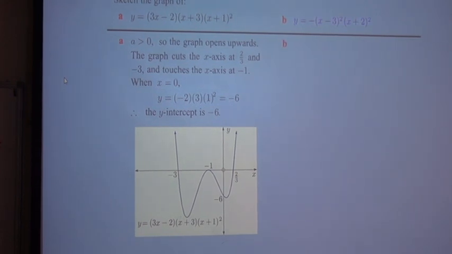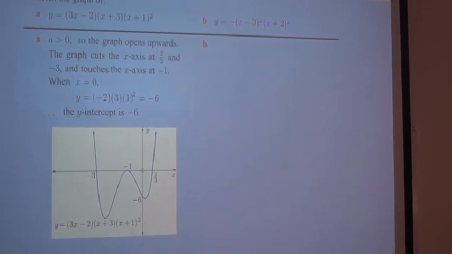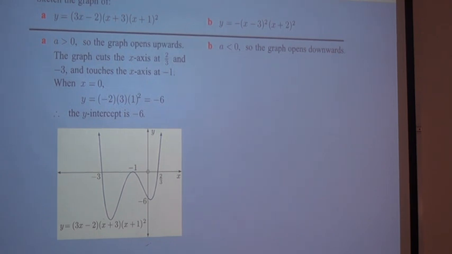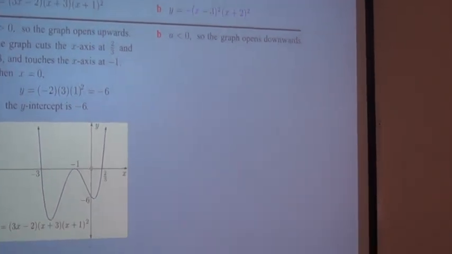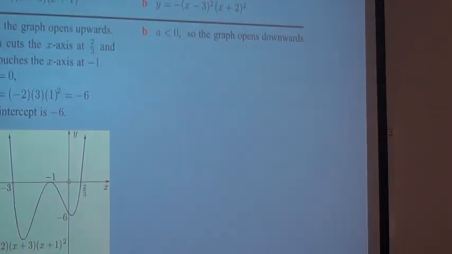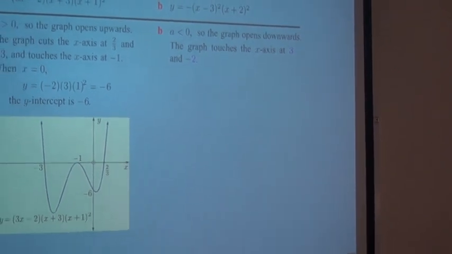In part B, the leading coefficient is minus 1 times 1 squared times 1 squared, which is negative. The quartic opens downwards. The quartic is the product of 2 squared linear factors. It will touch the x-axis when these factors are 0. So, it touches the x-axis at x-intercepts minus 2 and 3.